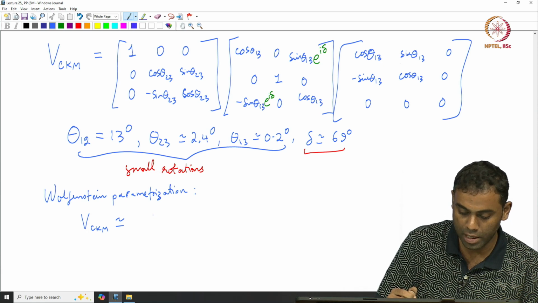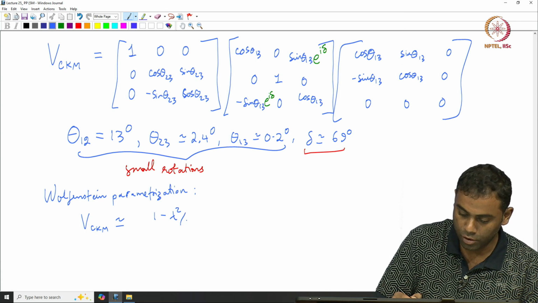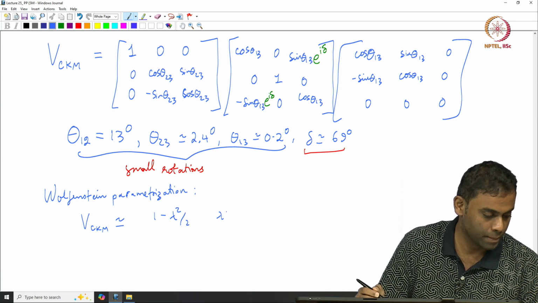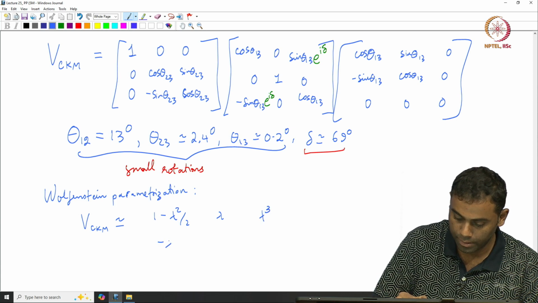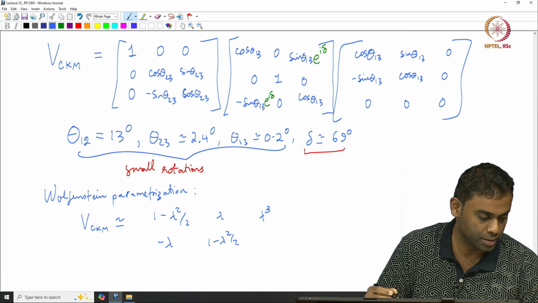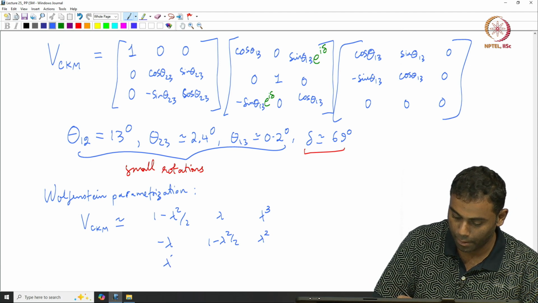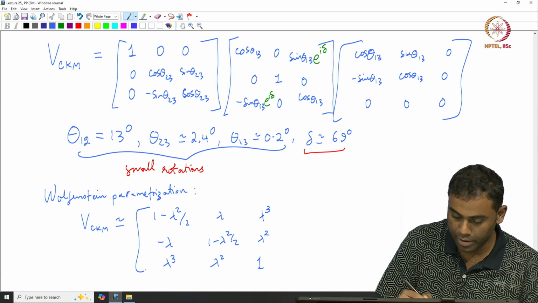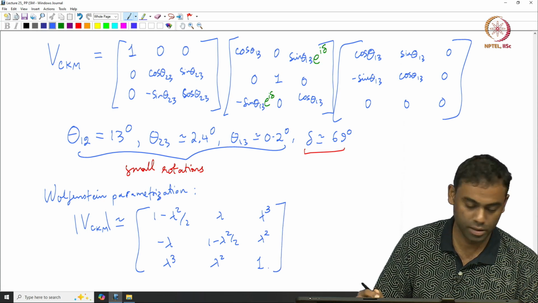Even among Wolfenstein parameterizations there are many orders to which you can keep terms, but for our purposes it helps to just keep terms up to this order, where you have 1 minus lambda squared over 2 and keeping only terms up to cubic order. Here I am neglecting the phases. So, I am just taking the real part.